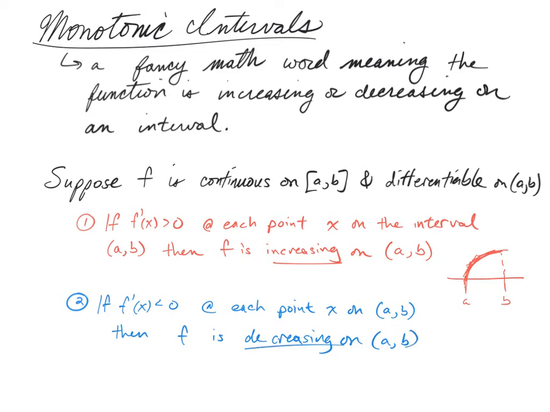So again, if you have a function that is decreasing, all that's telling you is that the slopes of these tangent lines will be negative.